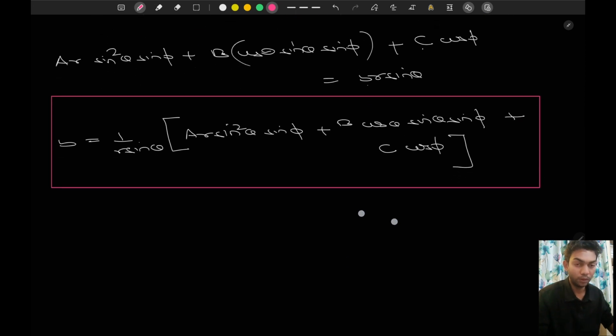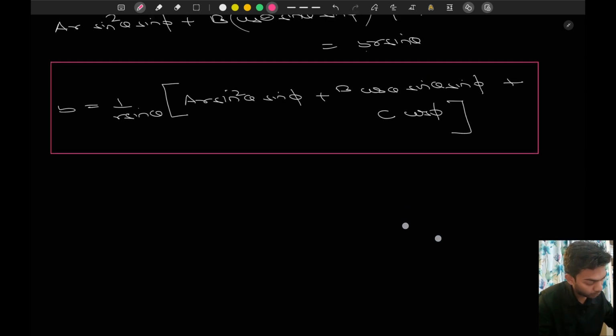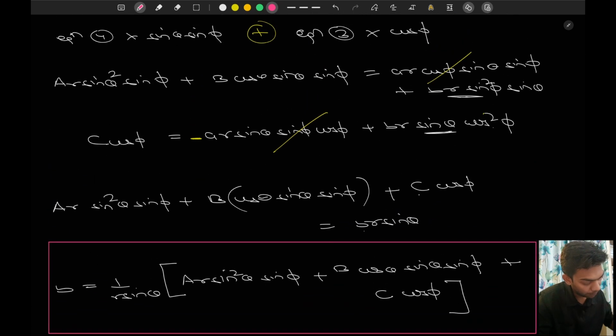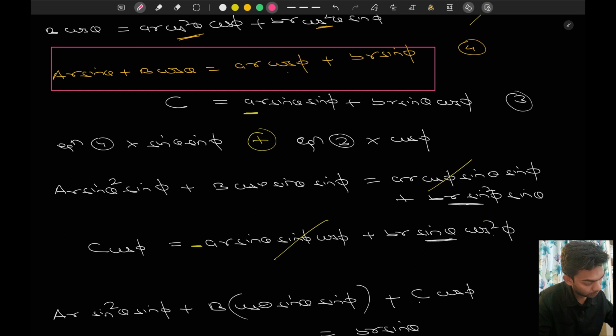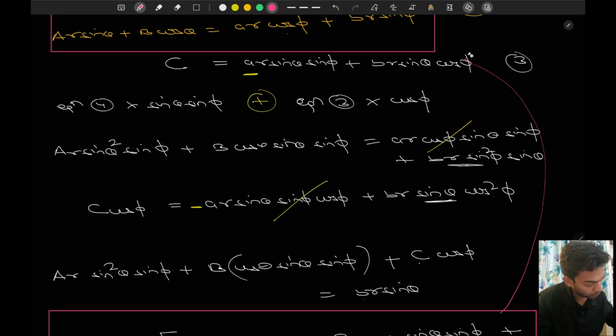So that was our goal, because we wanted to express small b in terms of capital A, capital B and capital C, and we have done that. So now what we can do is use this b and plug it in either equation number 3 or equation number 2.